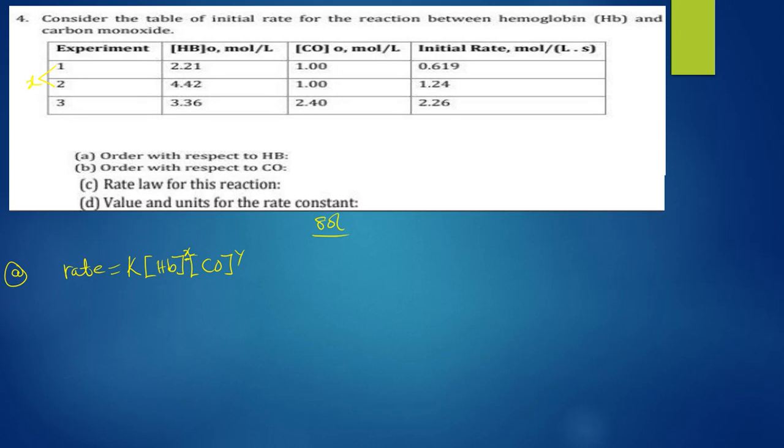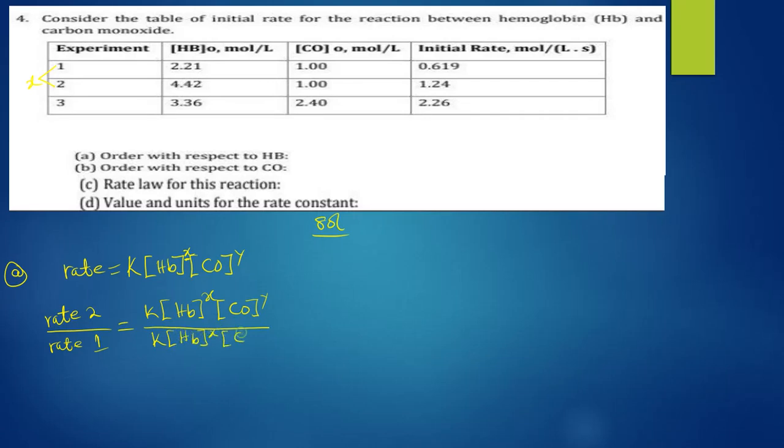So here we're going to say rate 2 over rate 1 is equal to, then here you just have to maintain the general form of the rate law. Then you raise hemoglobin to power X, carbon monoxide like that, you raise it to the order Y, and then here you just have to maintain the rate like that.